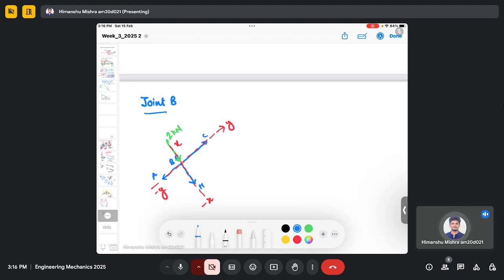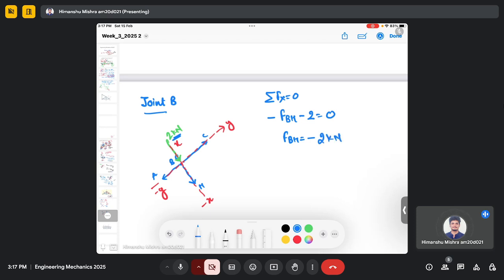If I do the summation of force along the x-axis, you can see there is one force BH, which is minus, and there is another force, 2 kilonewton, so minus BH plus 2 equals 0. So you can see that the force in this normal member is not 0 actually.